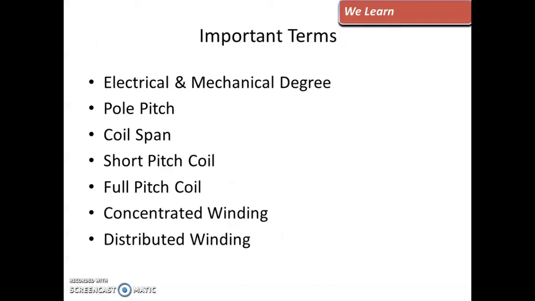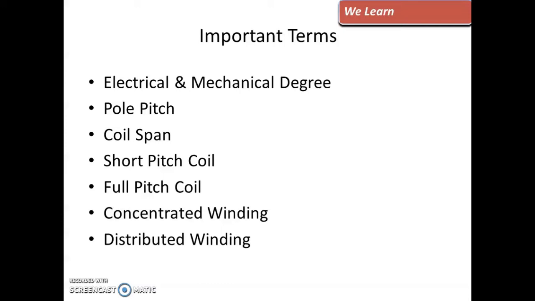Now before going to understand the alternator in detail, let's try to understand some very important terms. Electrical and mechanical degree. Now what is electrical and mechanical degree? Up till now we just know that there is a degree which gives you an angle, but how an electrical angle is different from a mechanical angle, that we will understand.